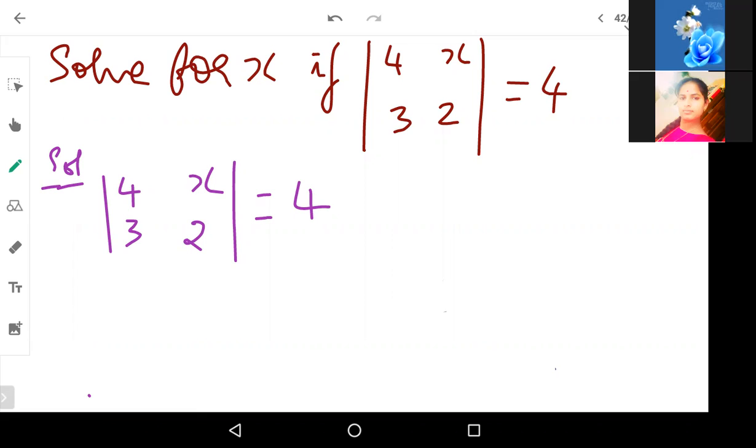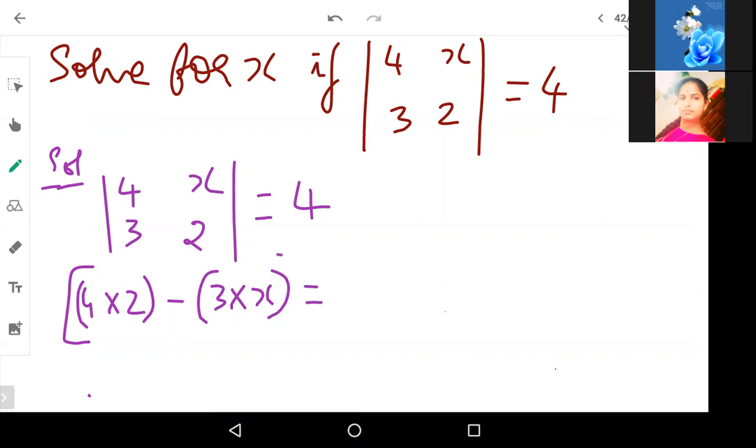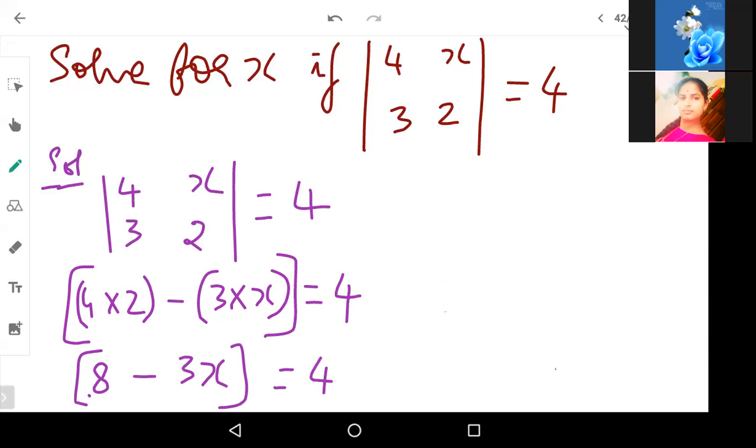Very good. Now let us do the cross multiplication. So what is the cross multiplication? 4 into 2 minus 3 into x is equal to 4. So 4 2s are 8 minus 3 into x is 3x is equal to 4. Okay, I'll solve it here only. So 8 minus 3x is equal to 4.